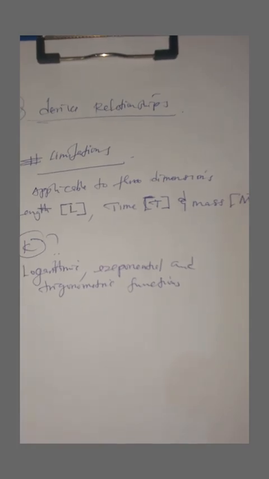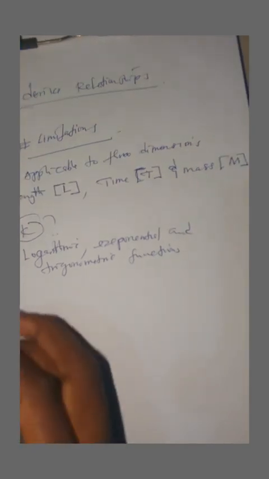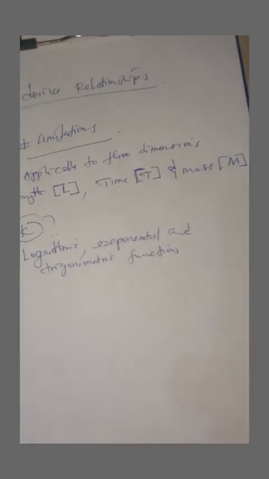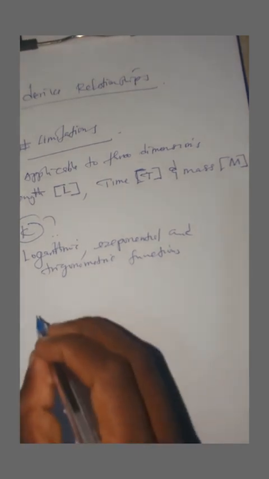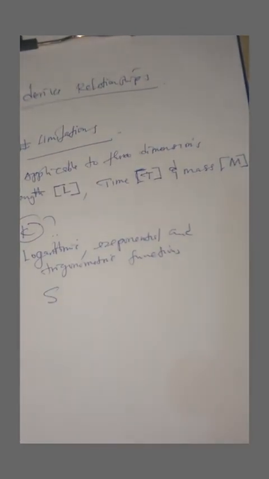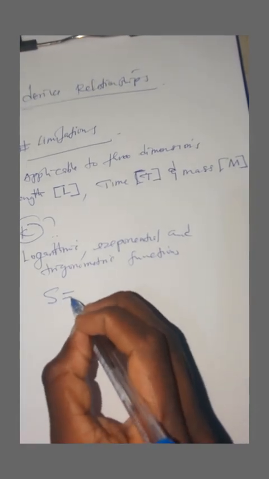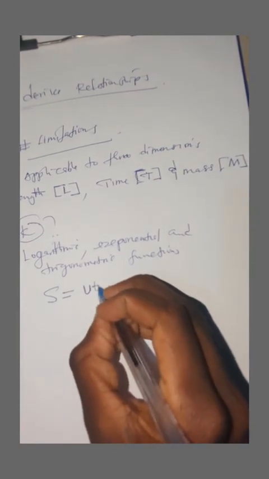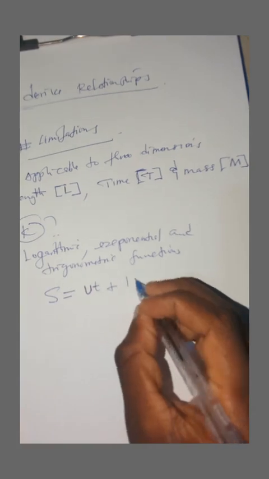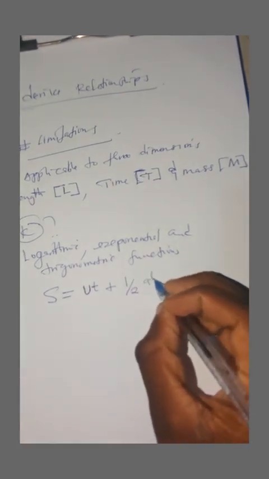Next, with dimension analysis we cannot derive more than one part of an equation. That's one of the limitations as well. What do I mean when I say you cannot derive more than one part of an equation? Let's say you have this equation, the skeleton equation: s equals ut plus 1 over 2 at squared.